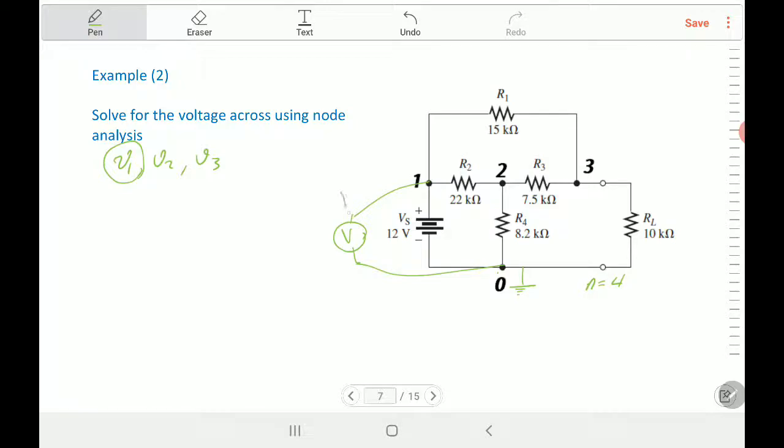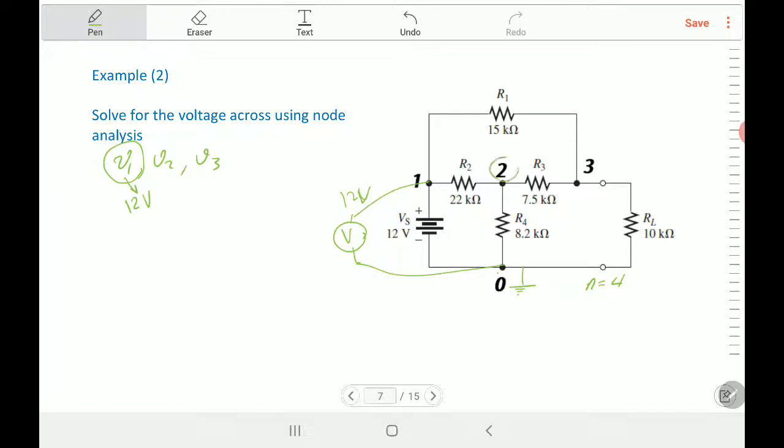So this will give you 12 volts. We call this a dependent node. What does dependent node mean? It means the voltage of this node depends on the voltage source connected to it. So you do not have to find an equation for V1 because the value is known, 12 volts.